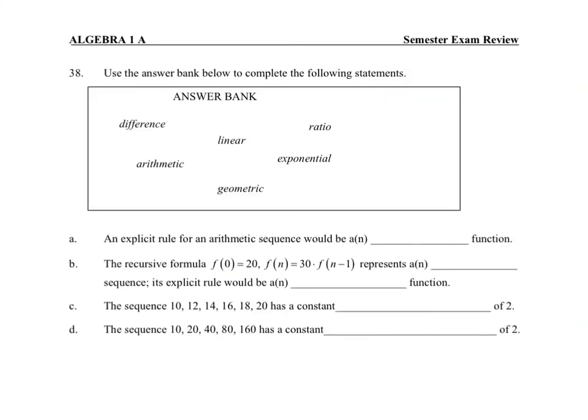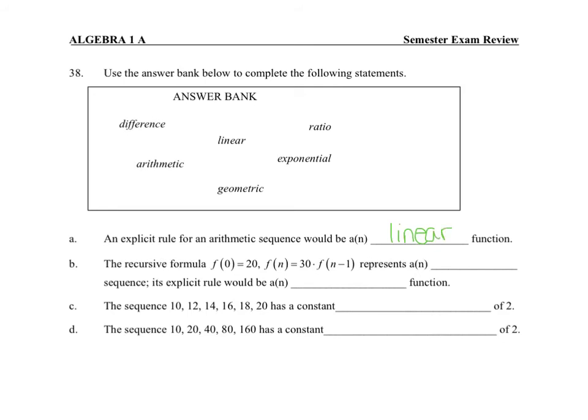Question 38. Use the answer bank below to complete the following statements. We have the words difference, arithmetic, linear, ratio, exponential, and geometric. Question A. An explicit rule for an arithmetic sequence would be a blank function. We know an explicit rule for arithmetic also gives us linear functions. Therefore, this would be a linear function.